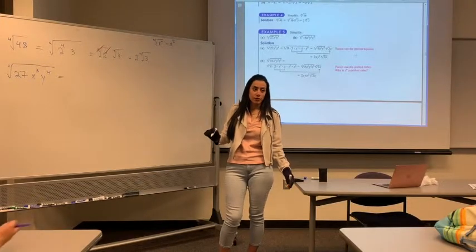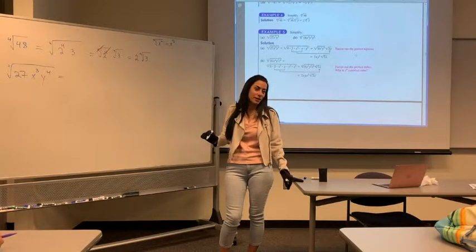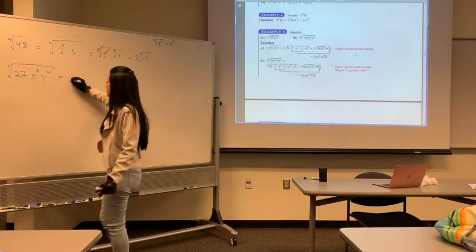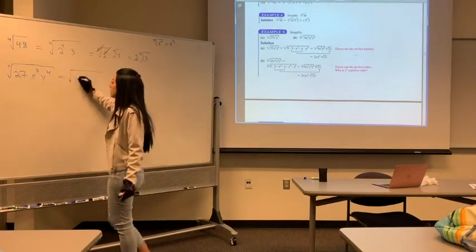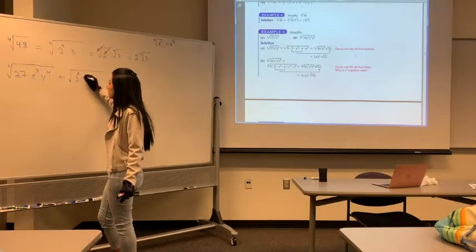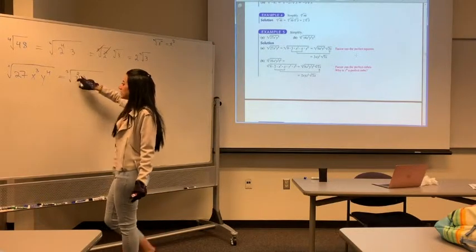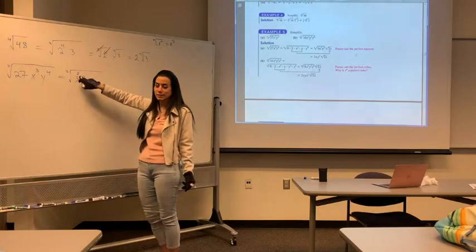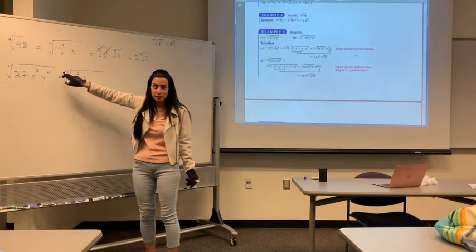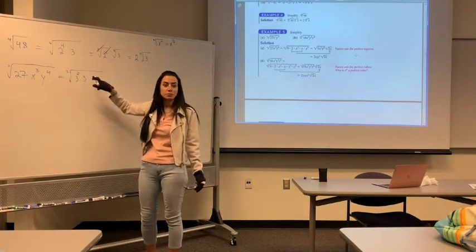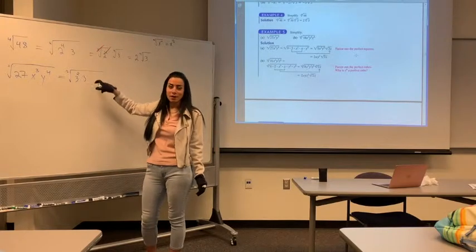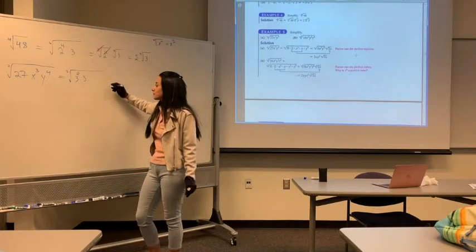Meaning 3 power 2 multiplied by 3, correct? So let's write it down: 3 power 2 multiplied by 3. Why am I interested in power 2? Because I want to cancel this with index 2, correct? If the index was 3, I would be interested in power 3, correct?